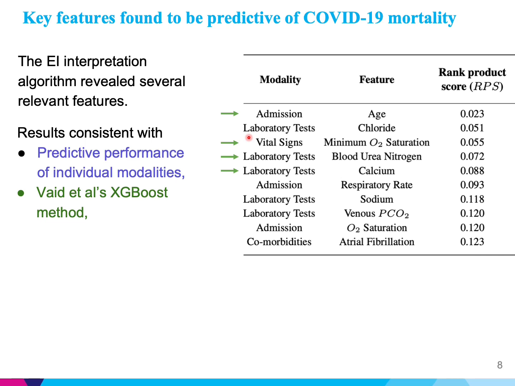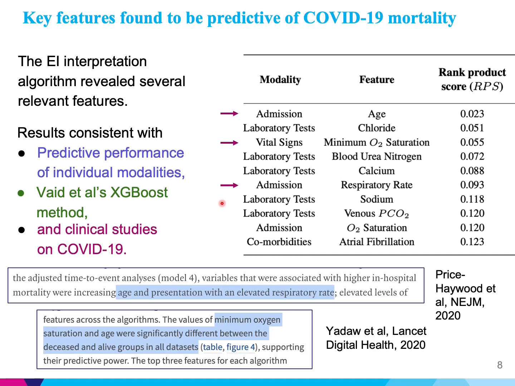It's also consistent with the features found by the XGBoost method. And some of the features found here were consistent with clinical studies on COVID-19 too, as we know that age, minimal oxygen saturation, and respiratory rate are very important features for determining COVID-19 mortality risk.